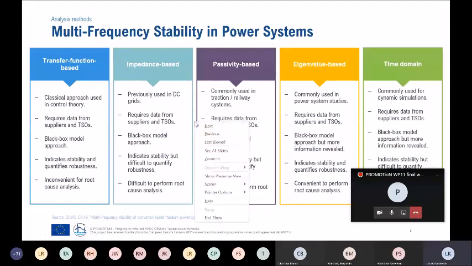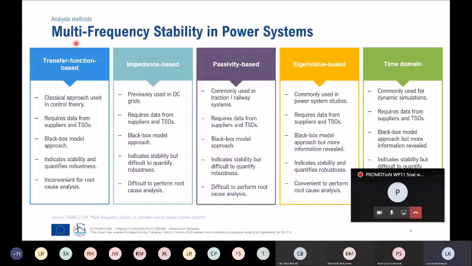As you can see, the majority are related to frequency domain stability methods, such as transfer function based, impedance based, or passivity based, where we are able to represent the different components of the system as black box models, which would allow us to exchange information among different industry shareholders. And we can see here tiny differences between the methods.